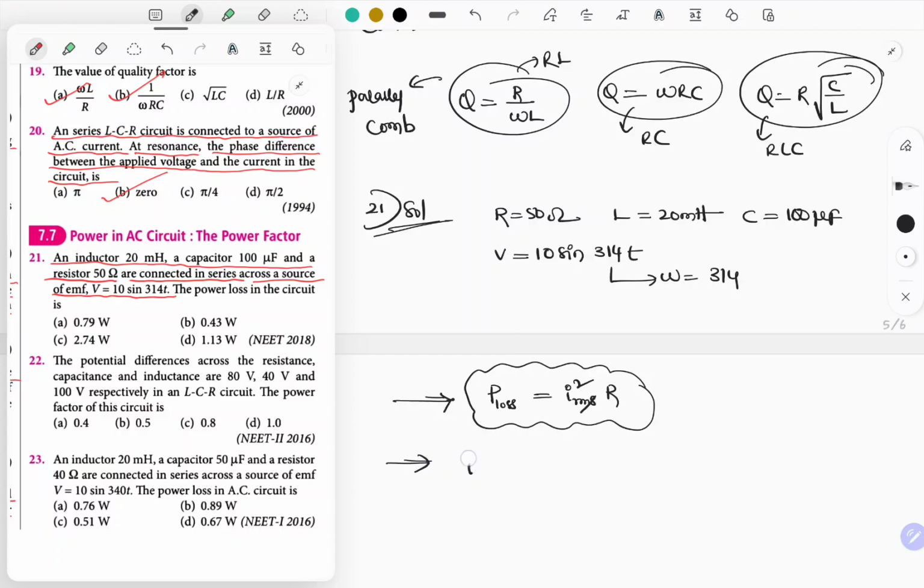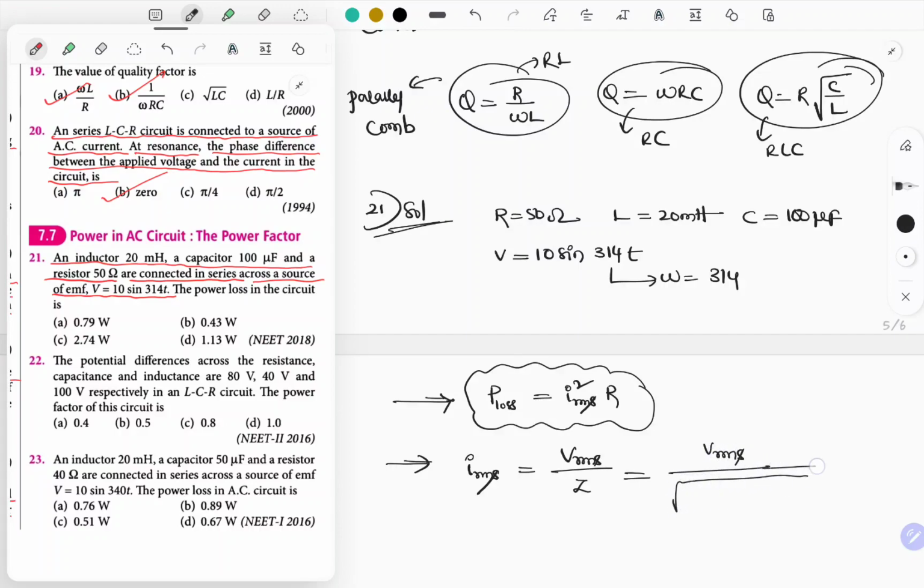IRMS is equal to VRMS divided by Z. How can I find out Z value? So Z value is the complete impedance of this circuit.